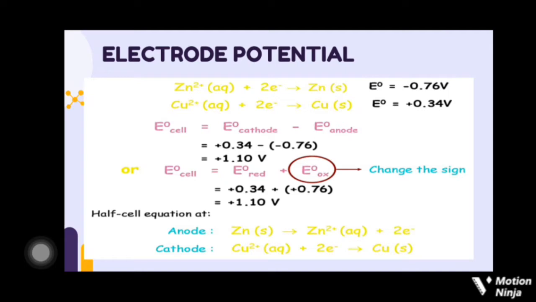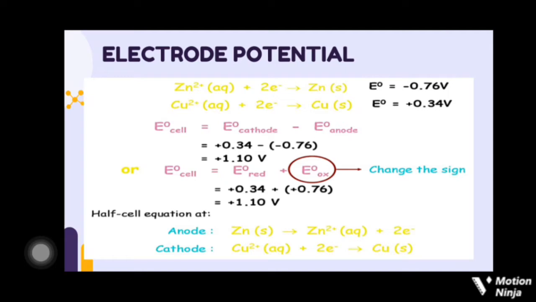In calculating the electrode potential using the standard state condition, the formula given is E note cell is equal to E note cathode minus E note anode, or you can also use E note cell is equal to E note reduction minus E note oxidation.